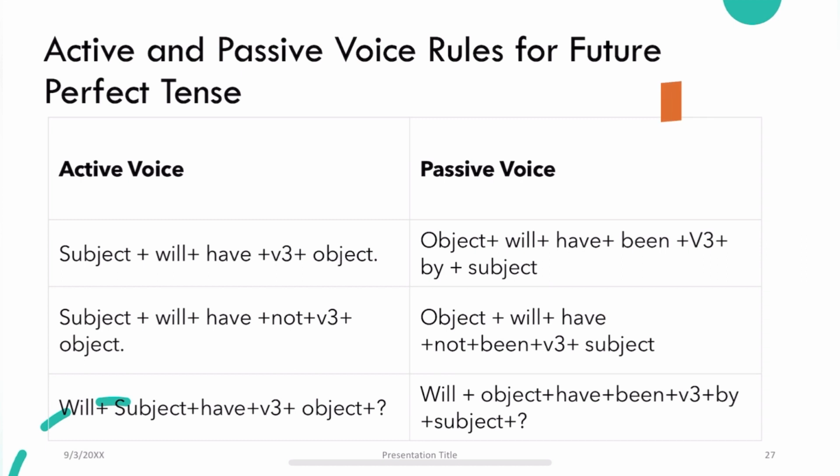If I talk about the negative sentence in the same tense, that is future perfect tense, the active voice rule is subject plus will plus have not plus third form of the verb plus object.